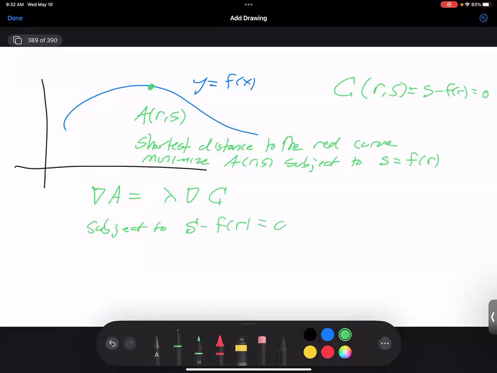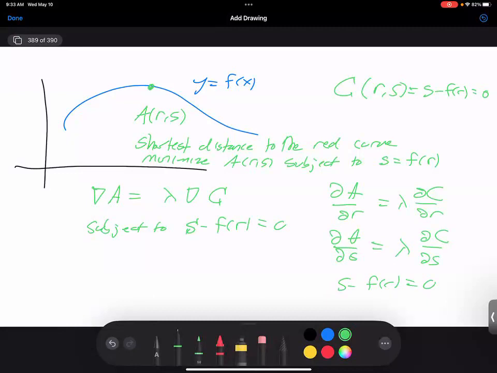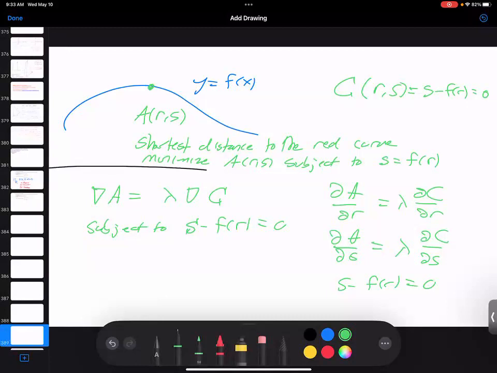So again, I will now have 3 equations and 3 unknowns: dA/dr equals lambda dC/dr, dA/ds equals lambda dC/ds, and S minus f of R equals 0. So one way to do this is to do it as 2 Lagrange multipliers, one after the other. That's one way to approach a problem like this.